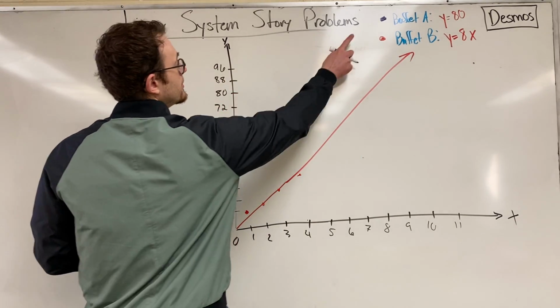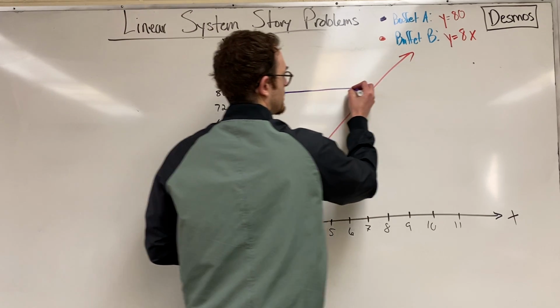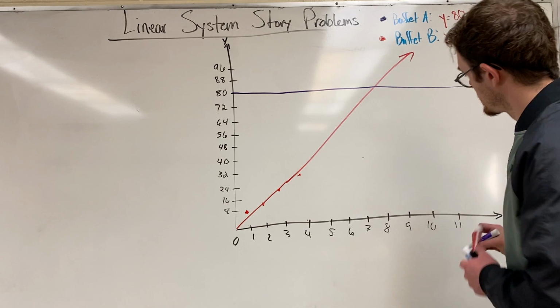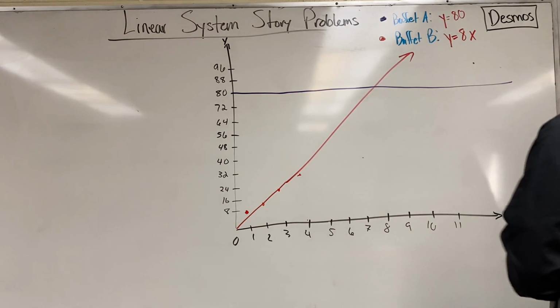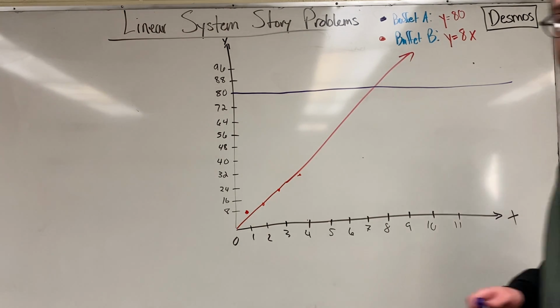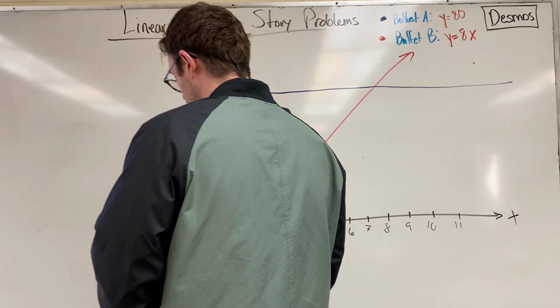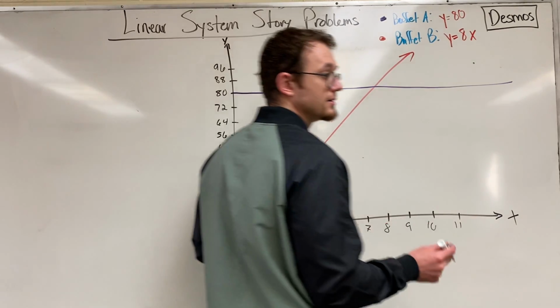And then this one, buffet A, is always $80, no matter how many people, it's $80. Did that come out about right? No, it did not. Where's my yardstick? Did I put my yardsticks away? Flubber nugget. I did. This red line is not straight.